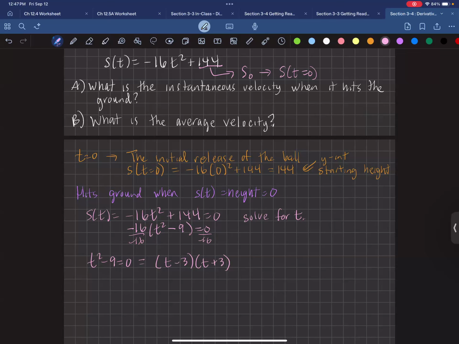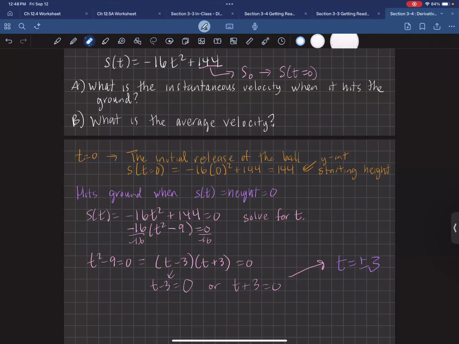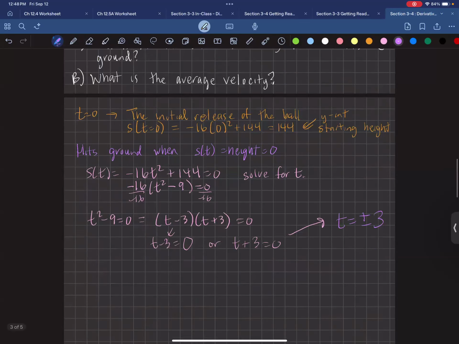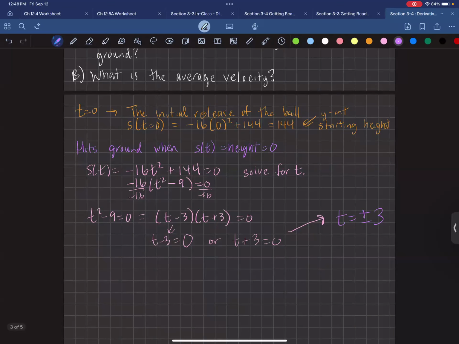And so since that equals 0, it means t minus 3 equals 0, or t plus 3 equals 0. And when we solve for these, we get t equals plus or minus 3. So what does that mean?